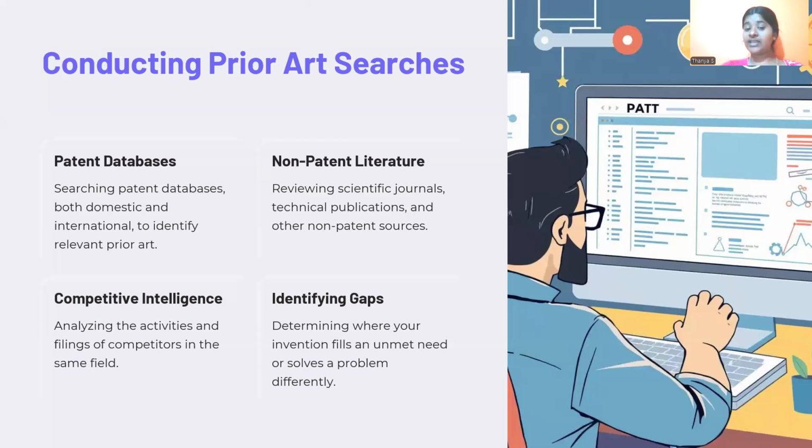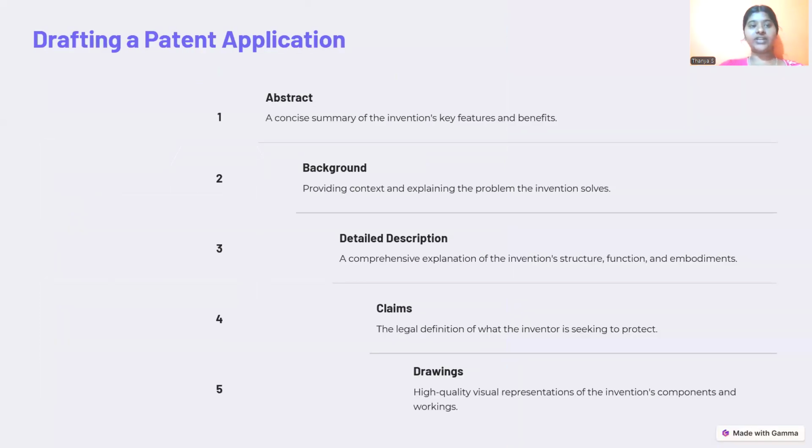Next is identifying gaps. So determining where your invention fills an unmet need or solves a problem differently. So you have to make sure that your work is different from others. Next is drafting a patent application. First one is abstract, a concise summary of the invention's key features and benefits.